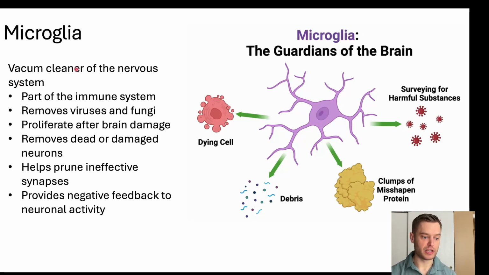So they're the vacuum cleaner of the nervous system, going around and sucking up dying cells and harmful stuff. As I've already mentioned, I'm just going to go through these bullet points, but they're part of the immune system. They remove viruses and fungal infections. They proliferate after brain damage, so that's actually quite important.